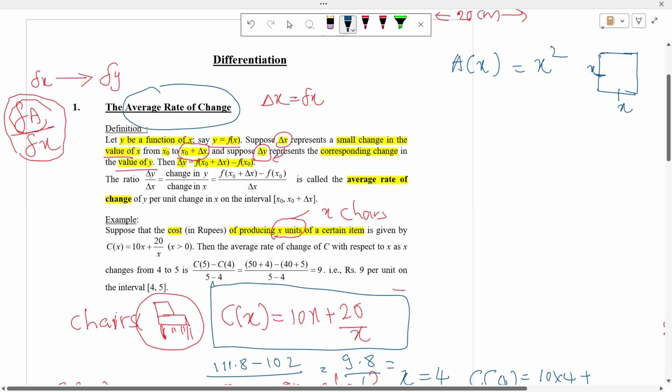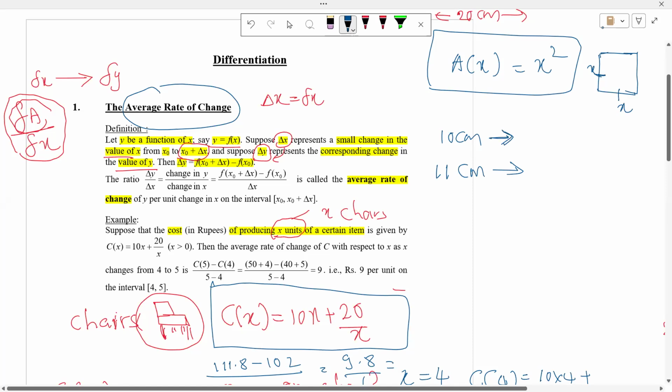Now the rate of change means, just imagine they are giving you this function, where the length of one side influences the area. Someone creates a square with 10 centimeter.